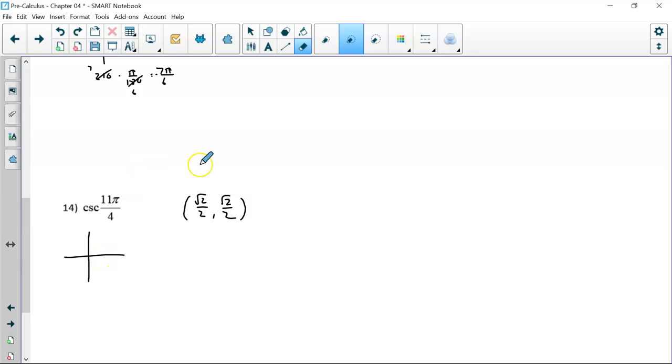So 11 pi over 4 is the same as 8 pi over 4 plus 3 pi over 4 remaining. That 8 pi over 4 is 2 pi, one full circle. I don't care about that. Then I have another 3 pi over 4, bringing us into quadrant 2. I know my signs are negative for x and positive for y.